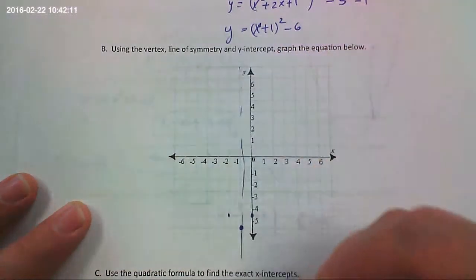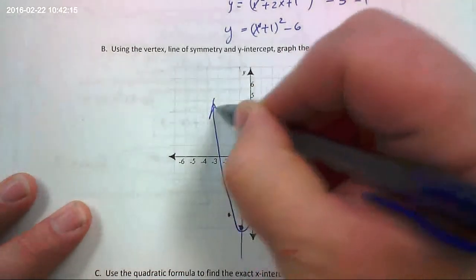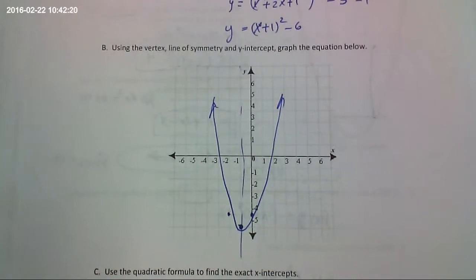The line of symmetry. Not very pretty. If we didn't draw the things all the way up, what if it's very faint? I'll just draw all the way to the top.